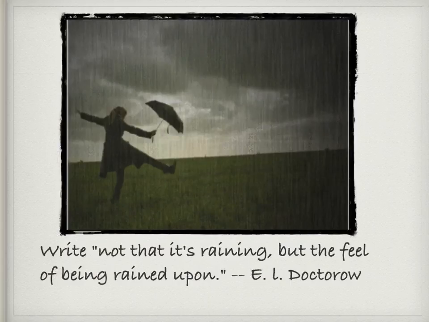E.L. Doctorow said, "Write not that it's raining, but the feel of being rained upon." Those descriptions aren't always just nouns and adjectives. A lot of the time, descriptions come from the really key and strong verbs that you're using in your essay. What your people are doing and feeling often come in the form of verbs.